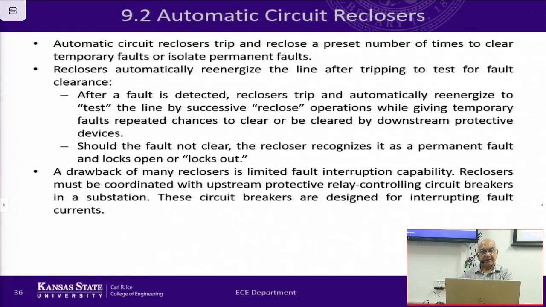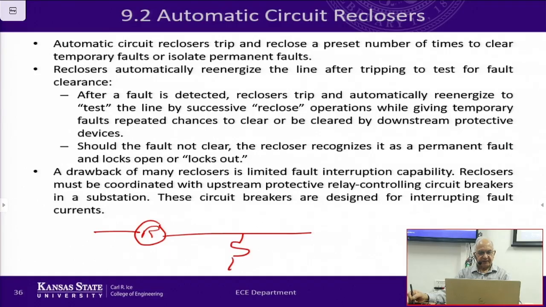The idea is that if you have a recloser here and there is a fuse here and the fault takes place here, and if this fault happens to be temporary, then when the fault takes place, you don't want to right away operate this fuse.